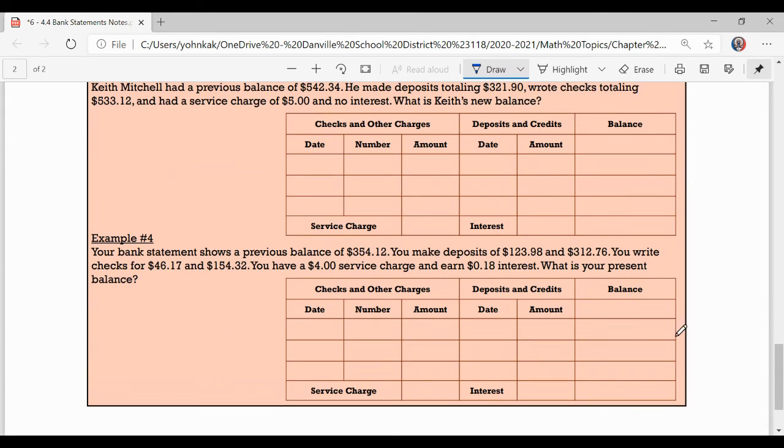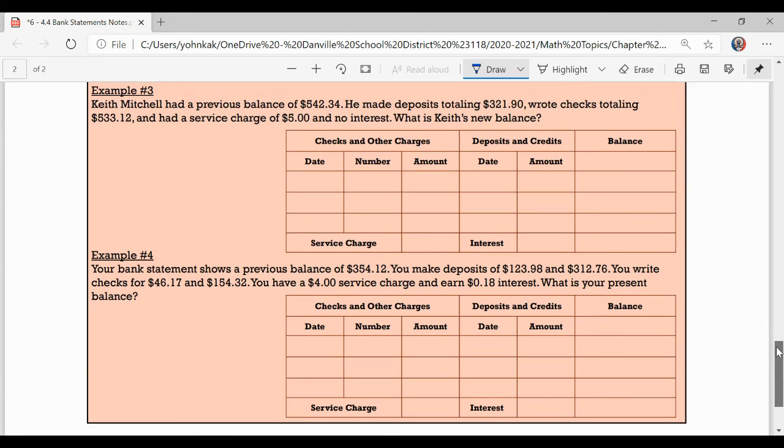So let's go down where the charts are not filled in already for us. So Keith Mitchell had a previous balance of $542.34. We can put this right here in the balance. Okay, so then keep reading.